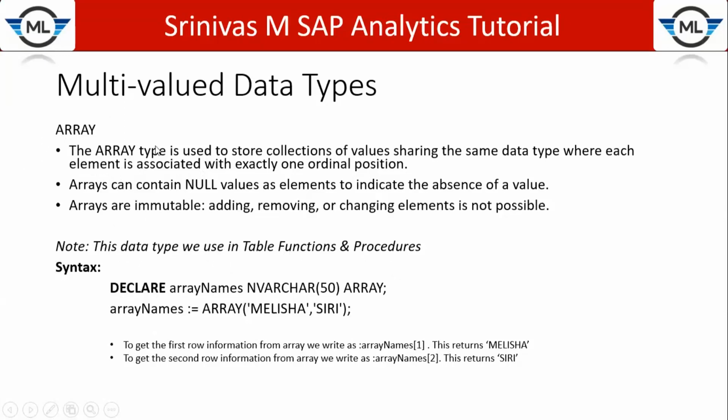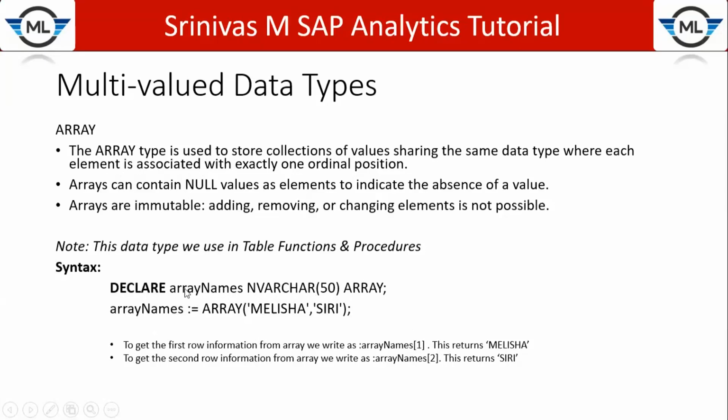So how do we define a variable of type array? DECLARE array_names, which is the variable name I am giving, then NVARCHAR(50) ARRAY. Without the array keyword, this is simply one variable of type NVARCHAR.